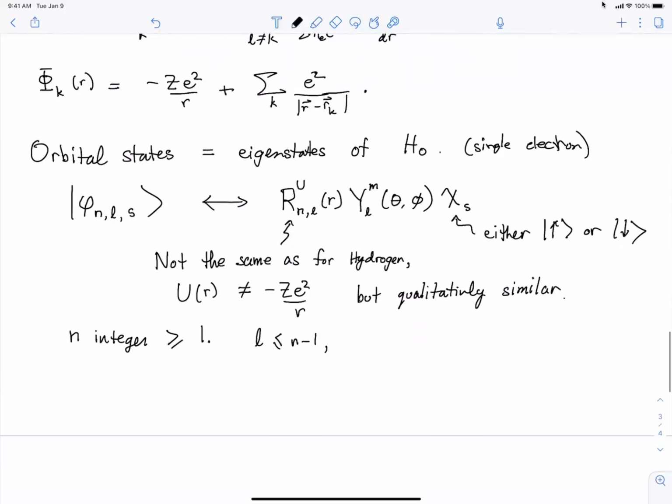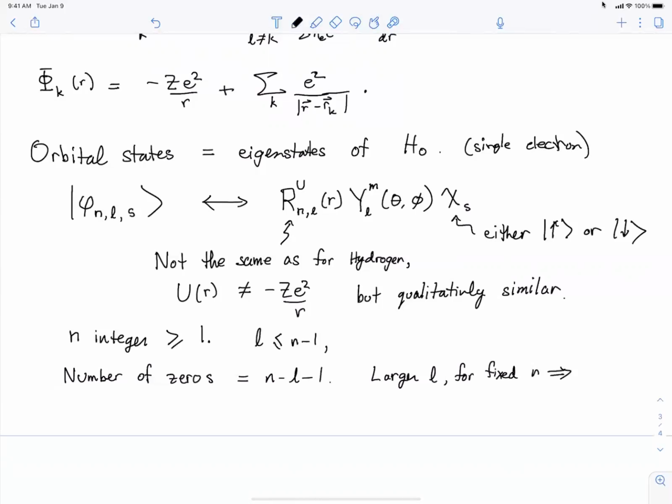The number of zeros of that function is, by definition, n minus L minus 1. And larger L for fixed n gives a smaller expectation value of the radial coordinate.